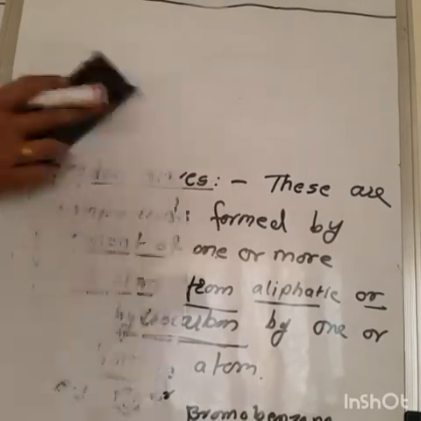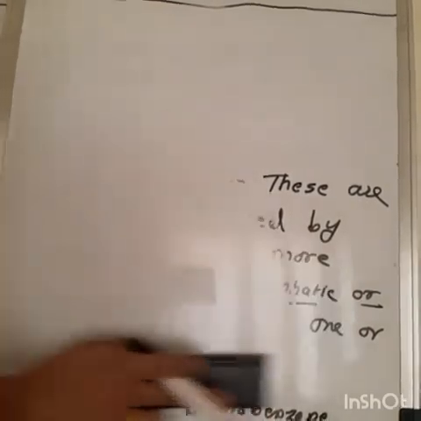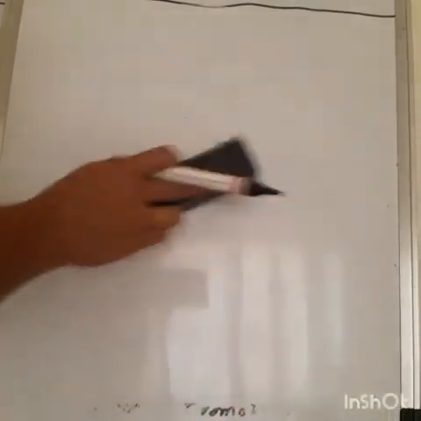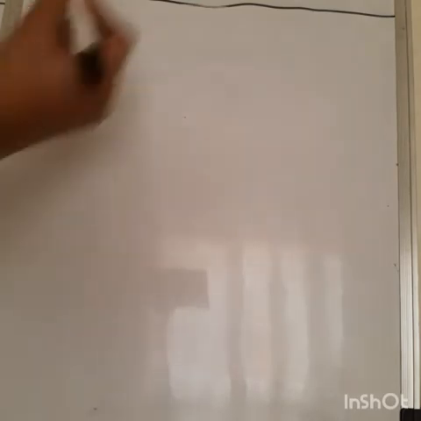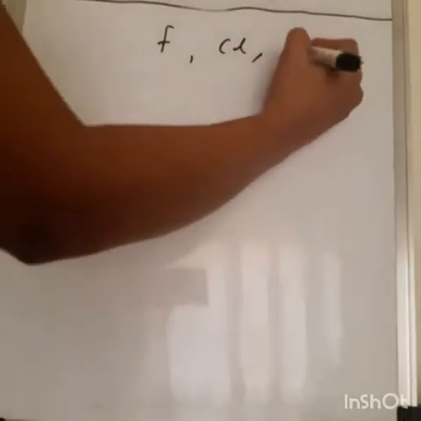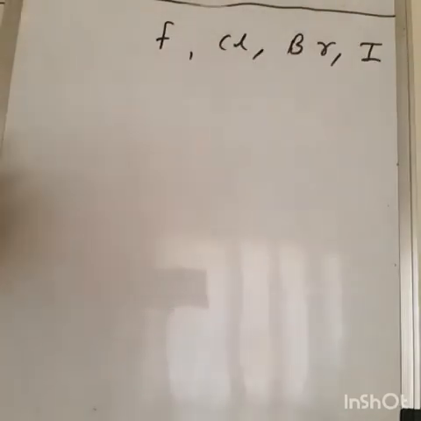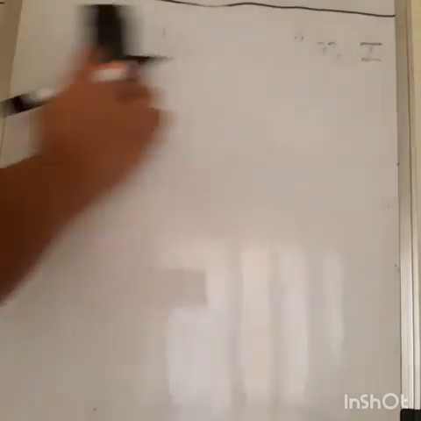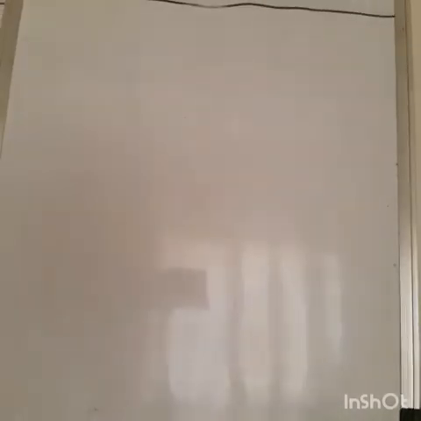Which halogen atoms? The elements present in the 17th group of our periodic table are the halogens. Example: fluorine, chlorine, bromine, iodine. The remaining two halogens are radioactive elements, so we'll study only fluorine, chlorine, bromine and iodine.